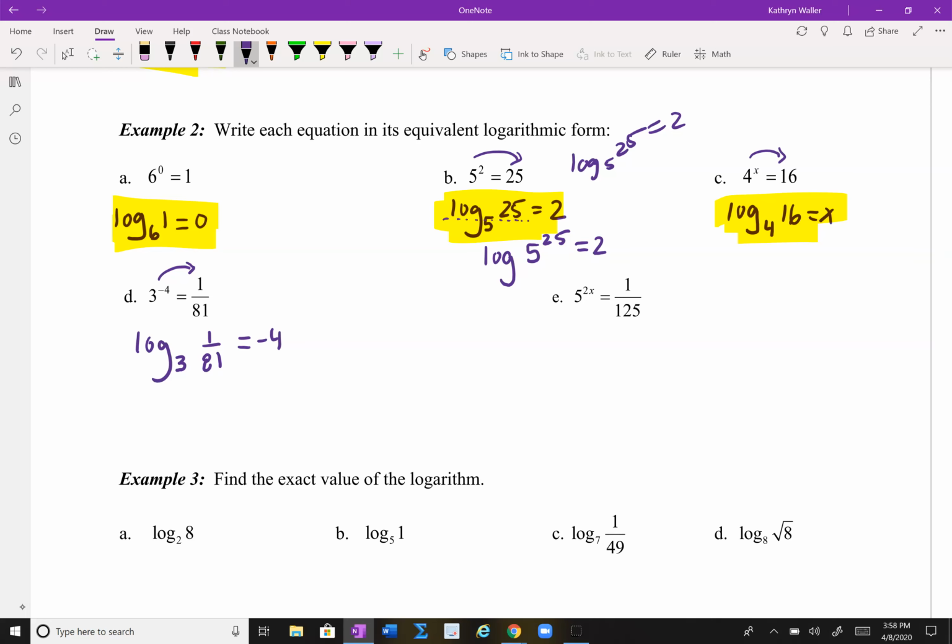Now, if what I'm taking the log of is a little complicated, I always like to put parentheses around it because it looks a little more clear, and it's also going to help me not to get confused. So if I were you, I would put parentheses right there. This one right here is log base 5 of the other side, 1 over 125, which is a little complicated, so I'm going to do parentheses, is equal to the only thing I haven't written, 2x, okay?